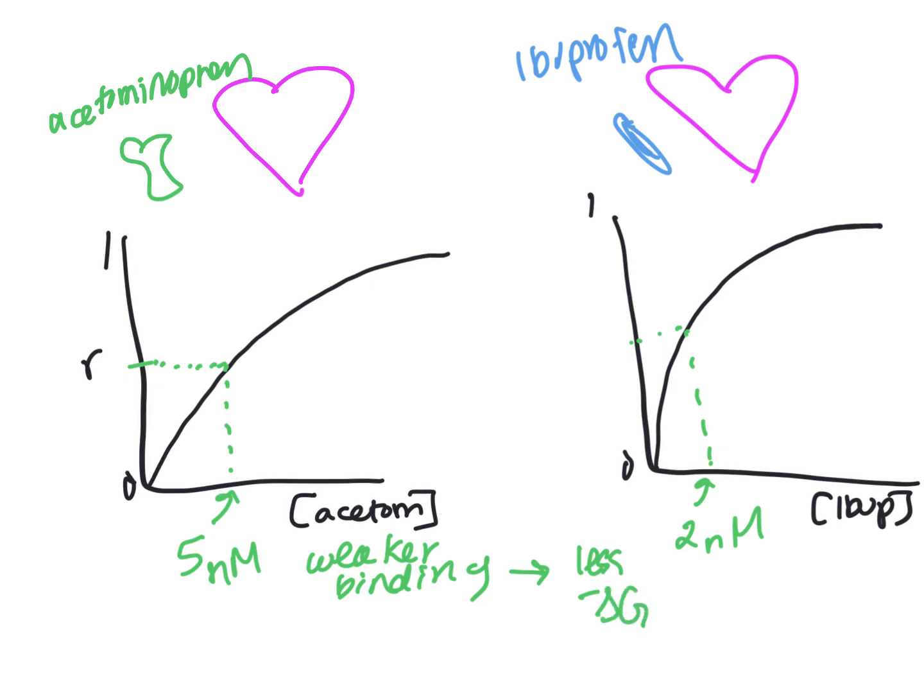Because if the binding is really the association between the two and it's non-covalent, that gets us into thermodynamics. So let's take a look at quantitatively how does this weaker binding, or the KD, link back into delta G.